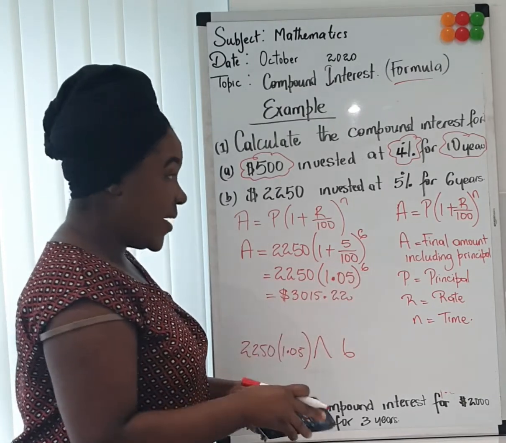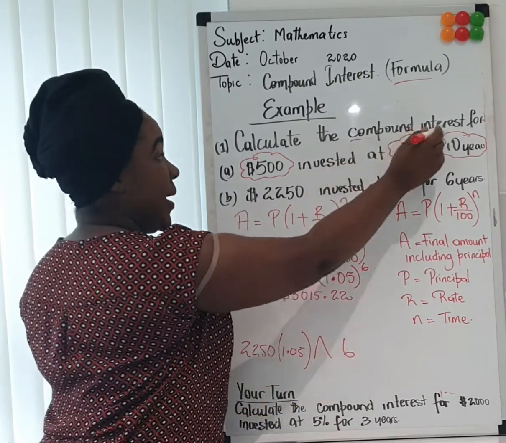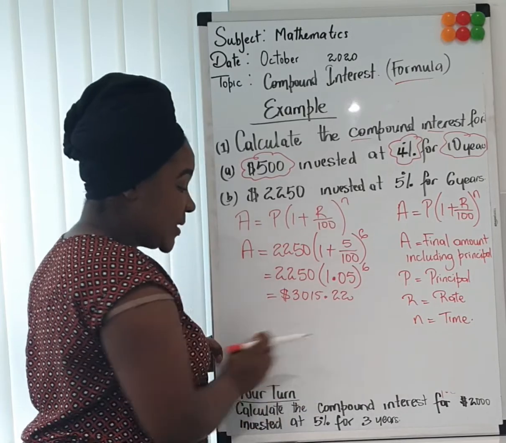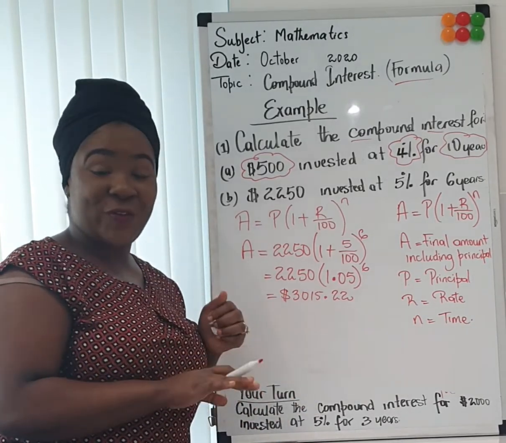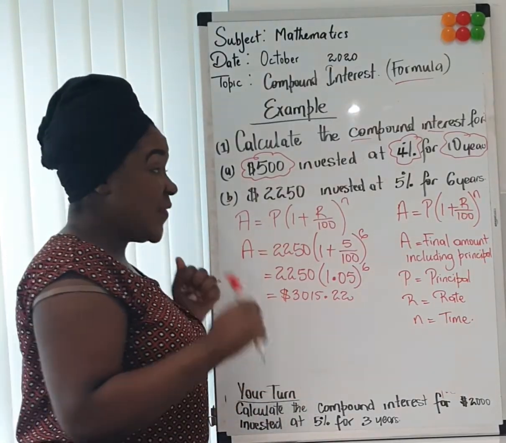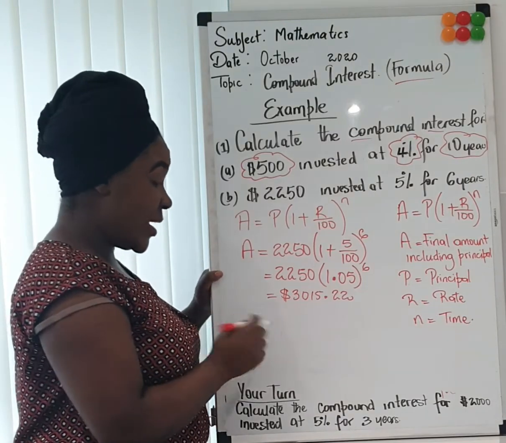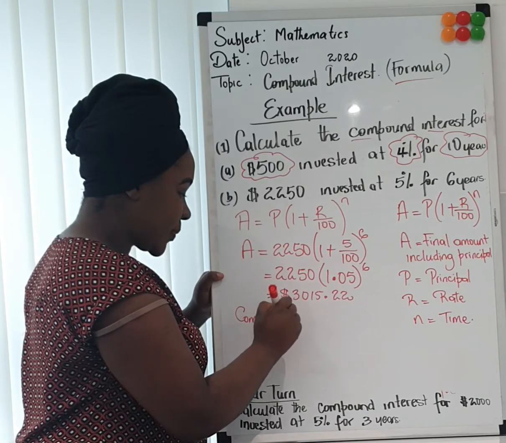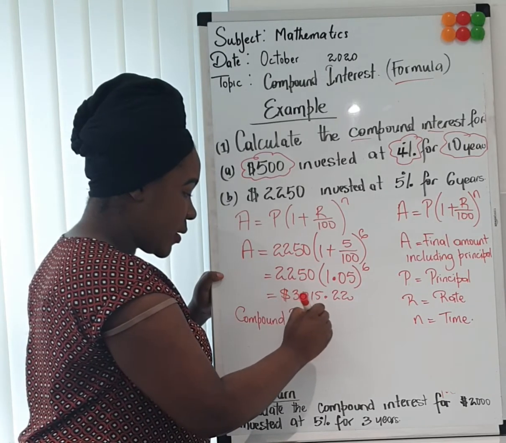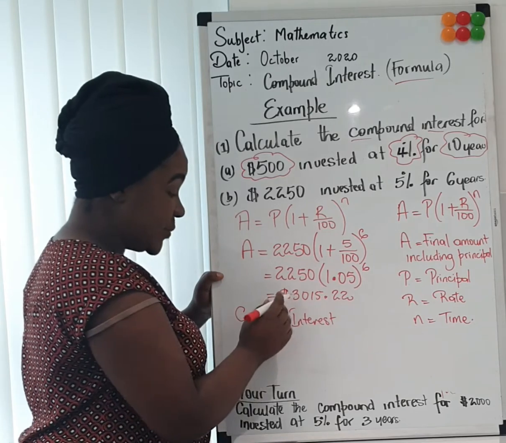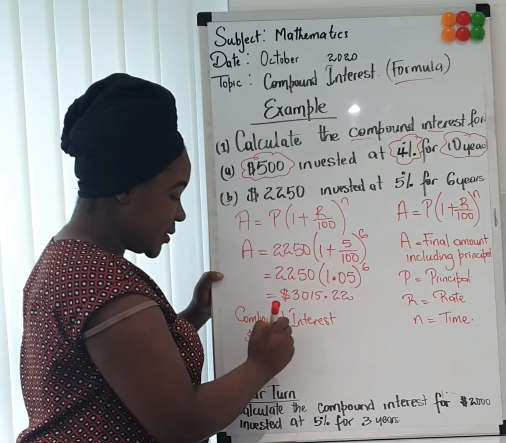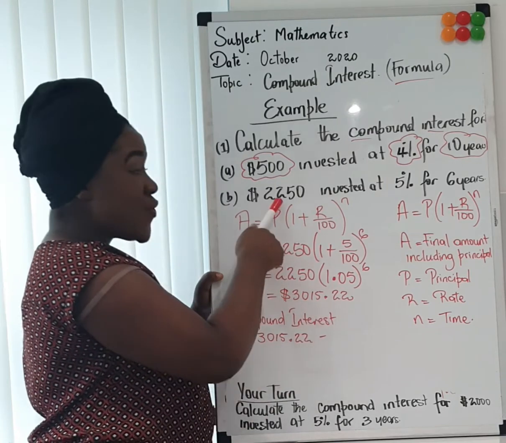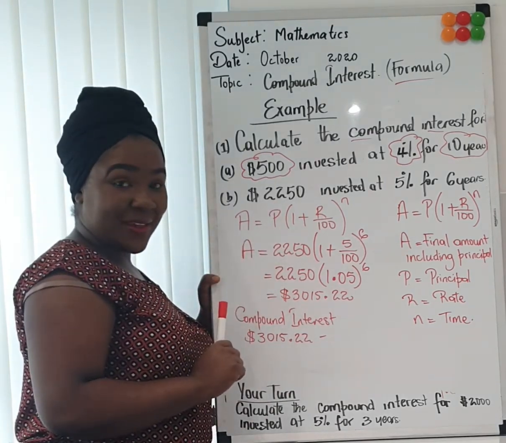However, they're asking us for the compound interest. This 3,015.22 is what we have at the end of the 6 years. So if we want to find the interest that was gained, we need to find the compound interest, and we're going to subtract our original money that we started with from the 3,015.22.